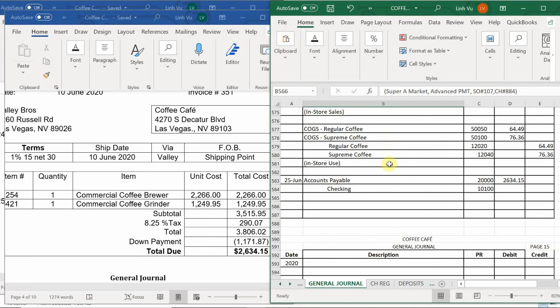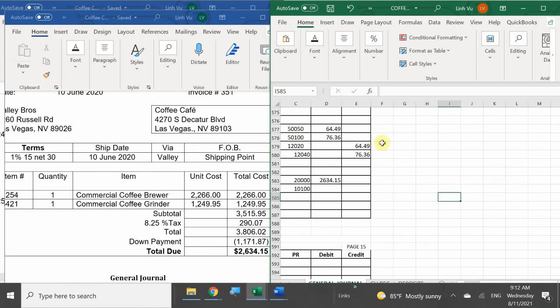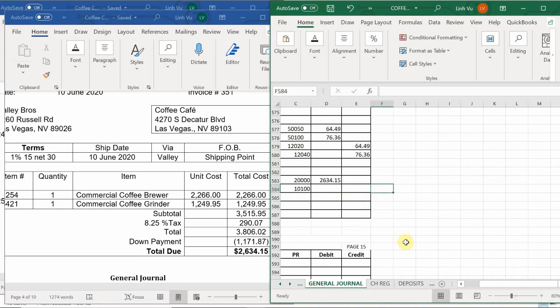On your journal, let's go ahead and do some math on the side. If I have my coffee brewer at $2,266 and my coffee grinder at $1,249.95, in grand total that gives me $35.15.